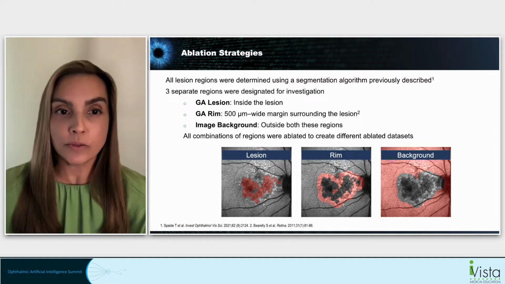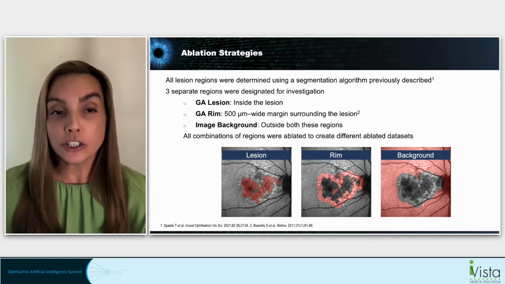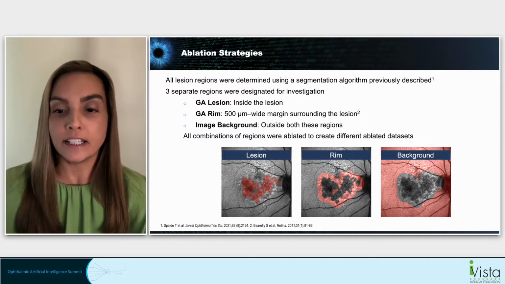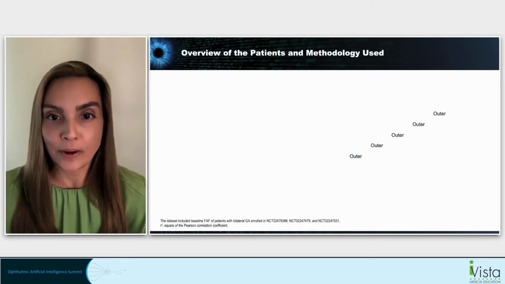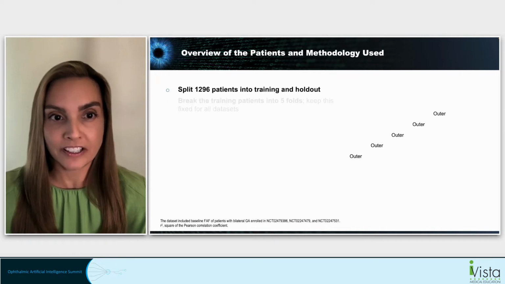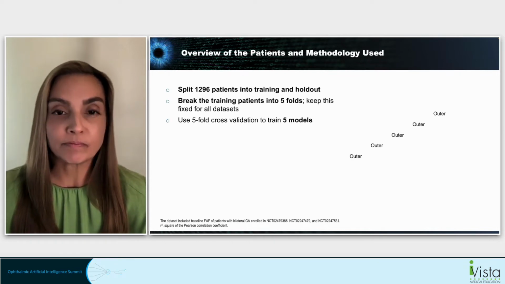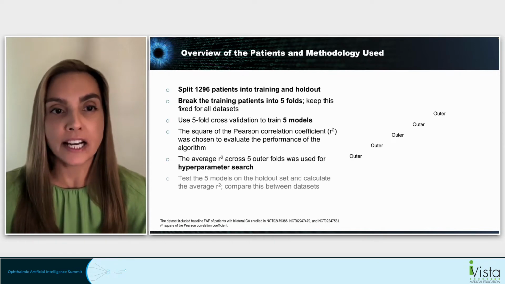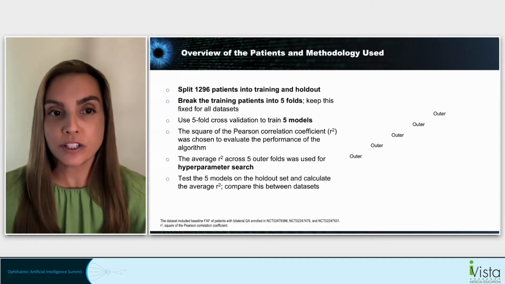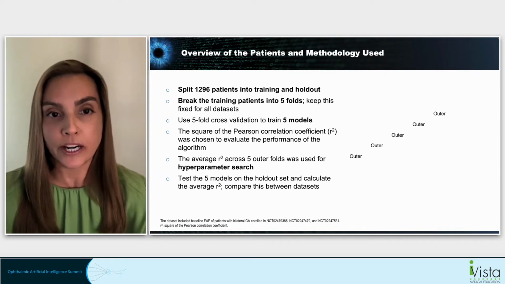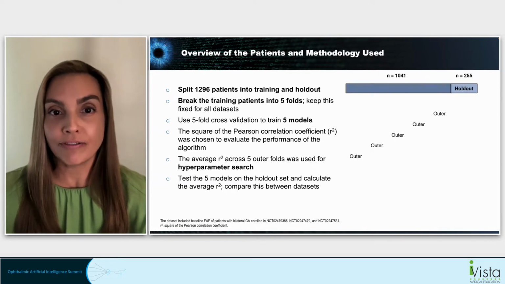The second one was the GA rim, and the third one was the image background beyond the rim. And I'm going to discuss how we trained our models, taking into consideration all those regions. Before I go to the exercise, I want to mention that we used for this project almost 1,300 eyes, and they were split into training data sets in 5 folds.